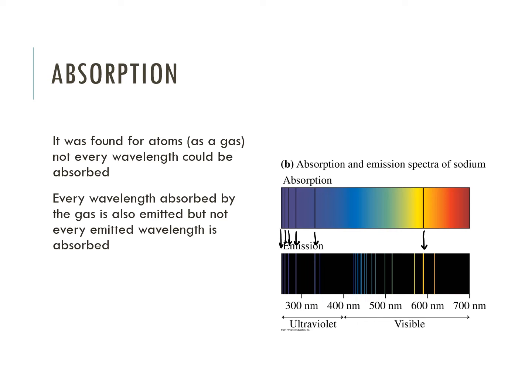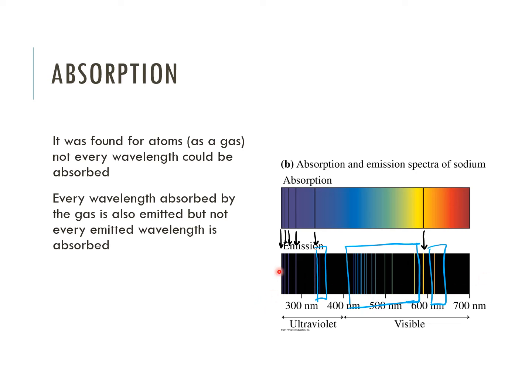However, if we look at this chunk in the blue to green area, even this one yellow one, this orange one here, and a couple in ultraviolet, these colors are not absorbed by sodium, but they are emitted by sodium.